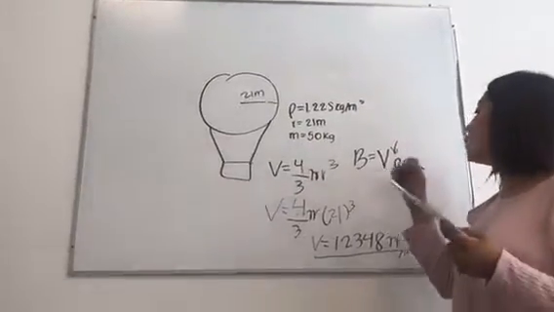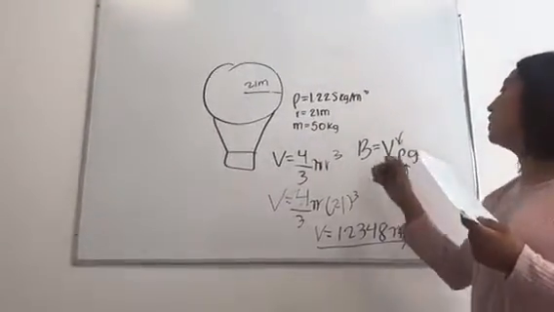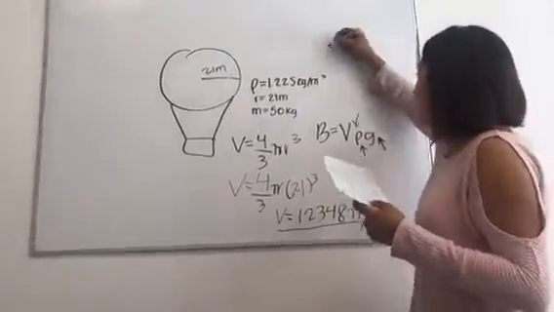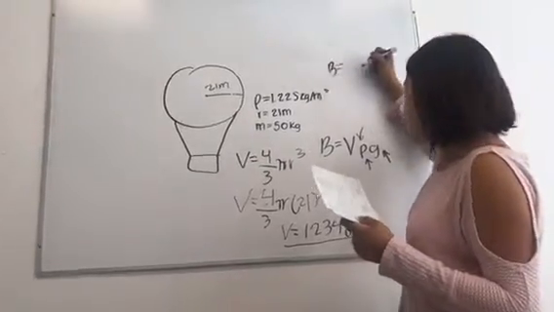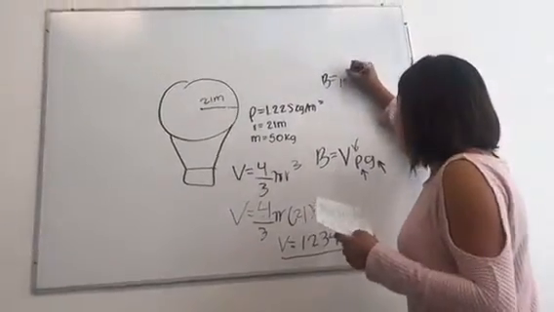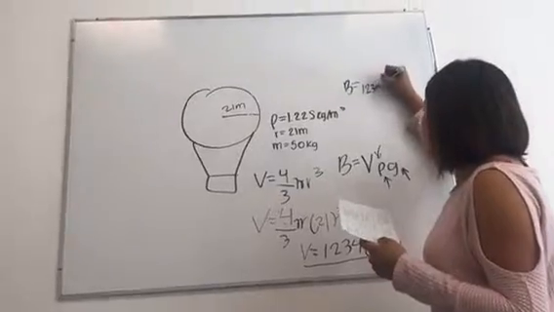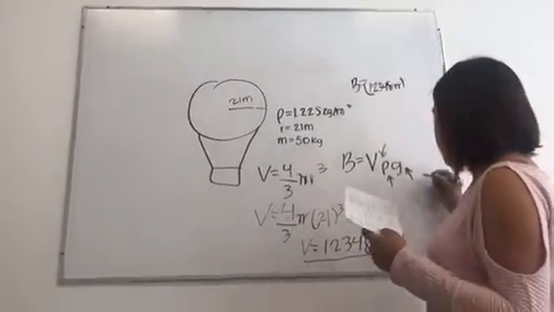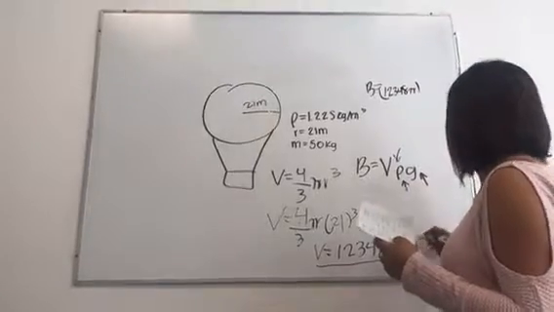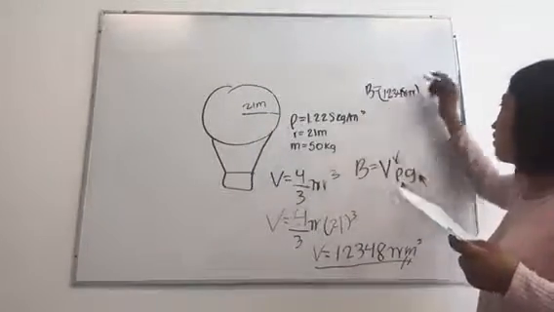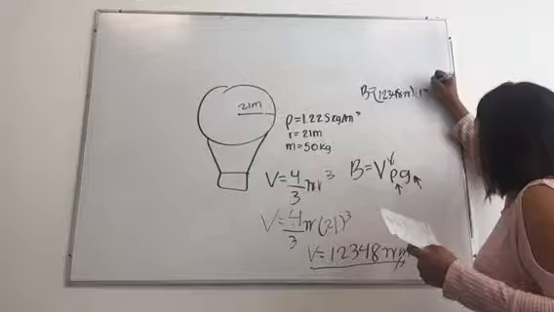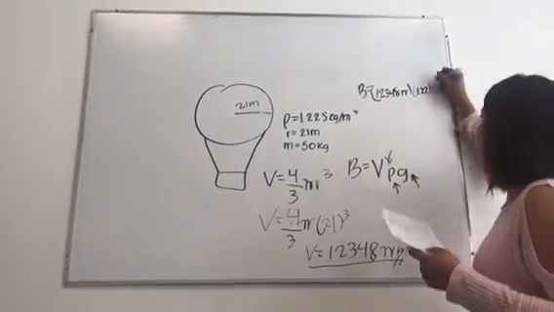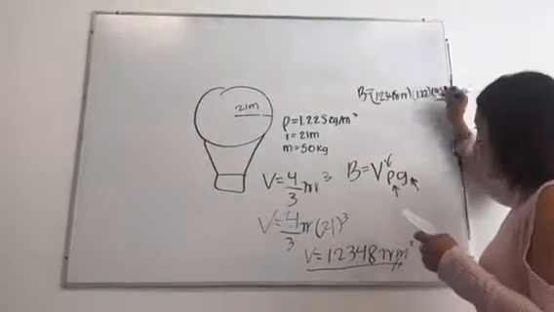Now we have volume, we have density, and we have gravity, so we can calculate buoyant force. Buoyant force is equal to 12,348 pi times density of the air, 1.22, times gravity, 9.81.